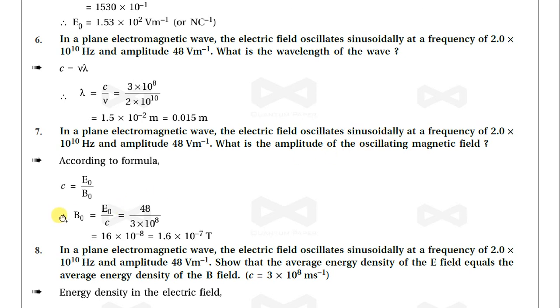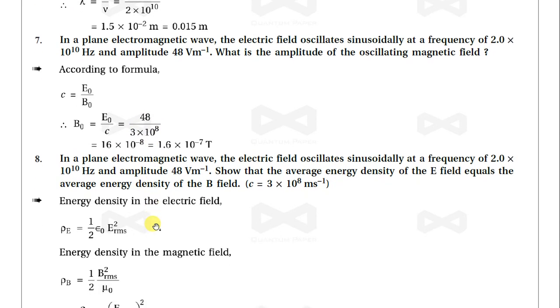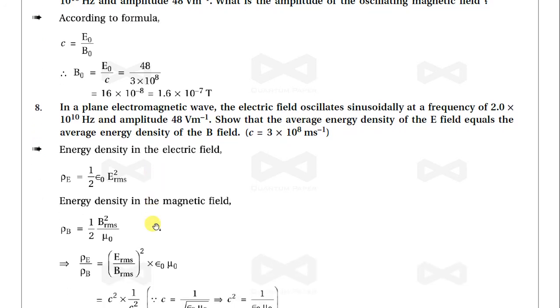So B0 is equal to E0 by C, which is 48 upon 3 into 10 raised to 8. We get 16 into 10 raised to minus 8, which is 1.6 into 10 raised to minus 7 tesla. Tesla is the unit of the magnetic field.